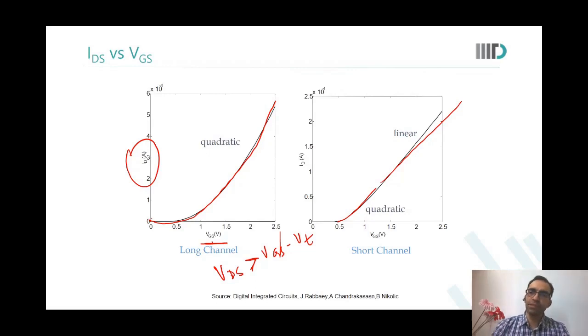Yes, Raghav? Sir, I had a question regarding velocity saturation. I understood that because of velocity saturation in the short channel, we are not able to achieve the kind of current we had in the long channel. But current depends upon the number of charge carriers. Even if I get the same density of charge carriers at a very low voltage, I should be able to achieve that current level.